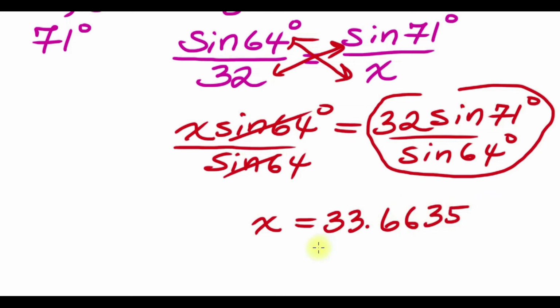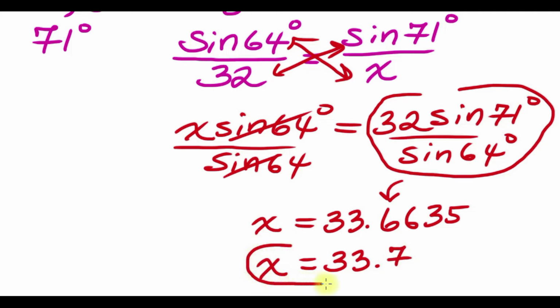We want to round this to the nearest tenth, which is the first digit after the decimal point. So we get 33.7. This is how long x is to the nearest tenth.